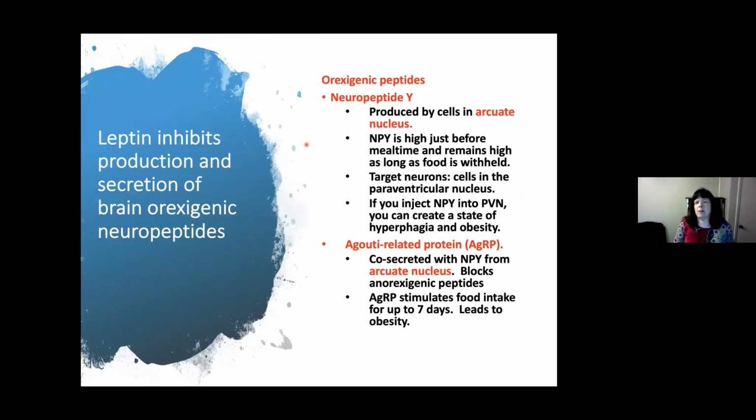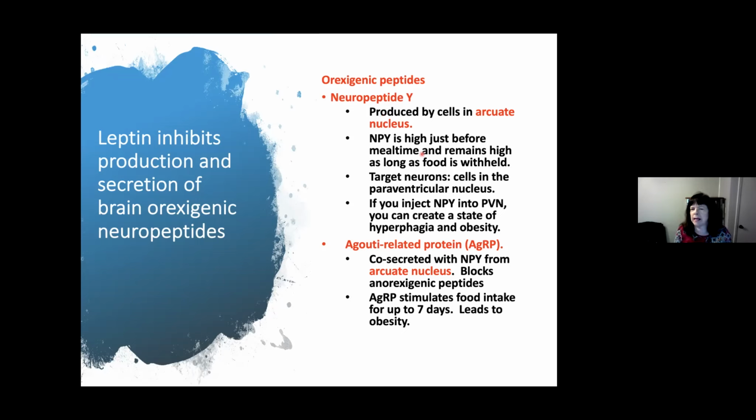So what are some of them? Okay, well, let's name them. Among the orexigenic peptides that drive us to eat is neuropeptide Y. It's a very famous one, and it's produced up in the arcuate nucleus of the hypothalamus. That's a nucleus just above the pituitary.